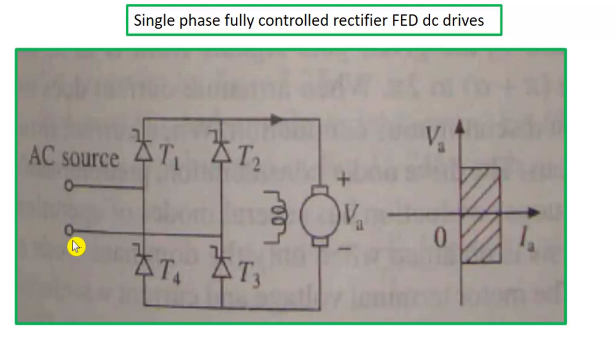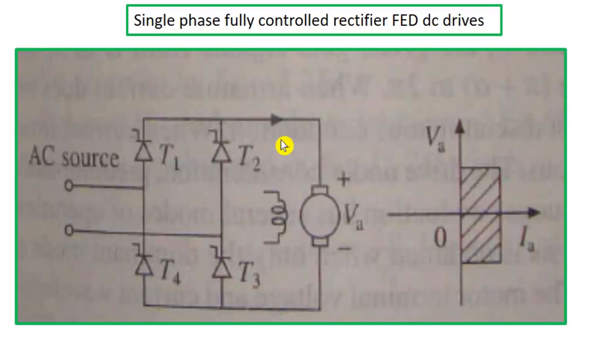In the negative half cycle, current will flow in this direction, this and back to this. So DC output voltage we will get, and we have control over this DC output voltage by controlling the on period of these thyristors. So these two will be on at a time, and these two in the negative half cycle.